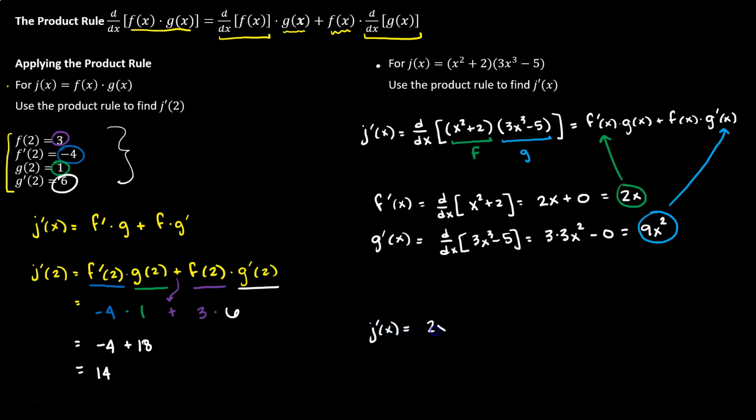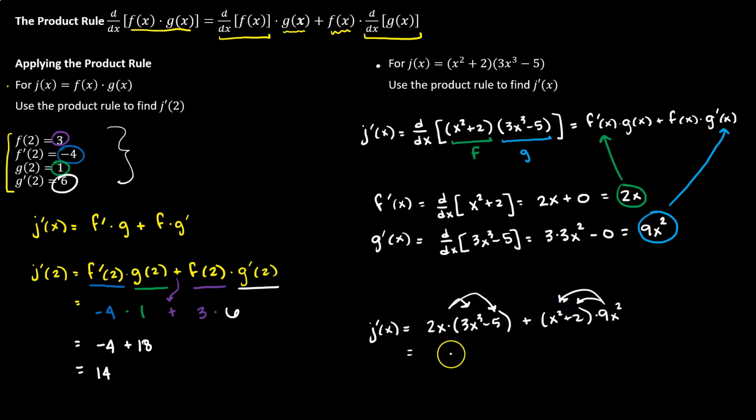So f prime is 2x times g, which is 3x cubed minus 5, plus f, which is the x squared plus 2 factor, times g prime, which is 9x squared. And then we can distribute and try to combine like terms here.